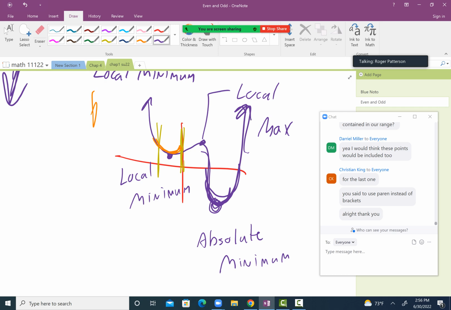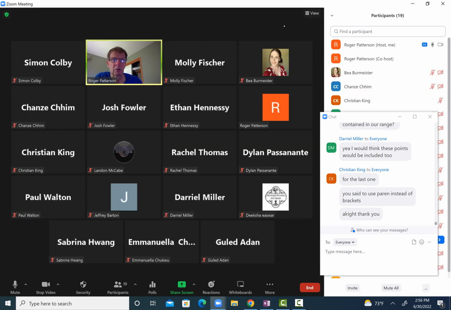So let's go back to our Desmos thing that we just had. Hopefully you still have those functions in there. Let's go back up and turn on that first one, the x cubed minus 2x squared minus 5x plus 6. I want you to tell me what the maximum and minimum points are and if they're local or absolute.